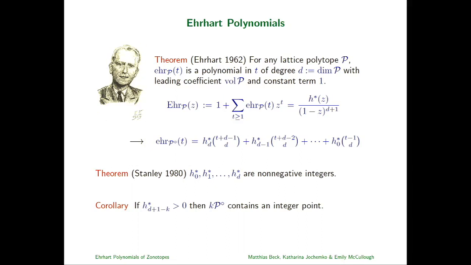I claim when you have a theorem like this, and maybe you've seen examples like this last week already, you can prove some existence theorems. So for example, if you have something that you want to model with a lattice polytope, and you're just interested in the existence of an interior lattice point.